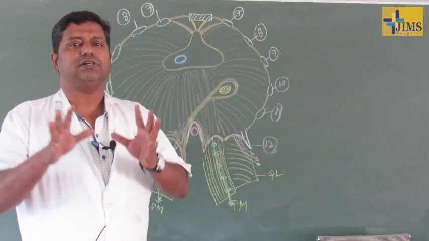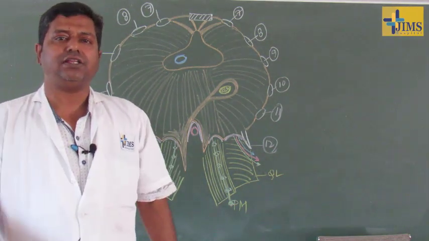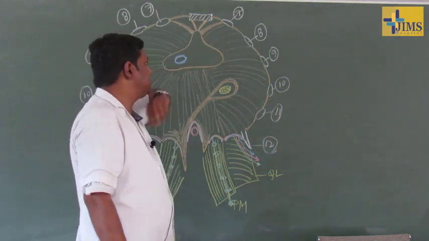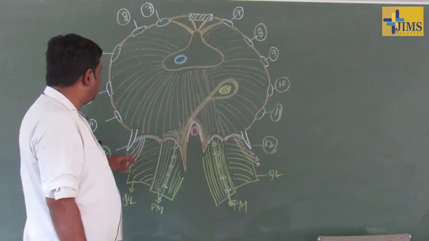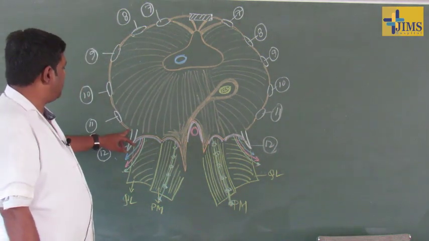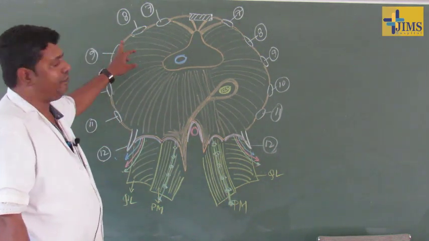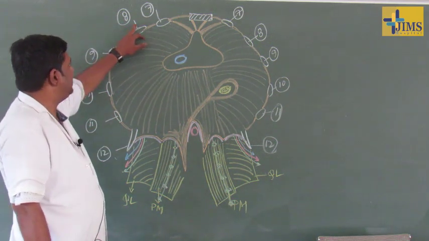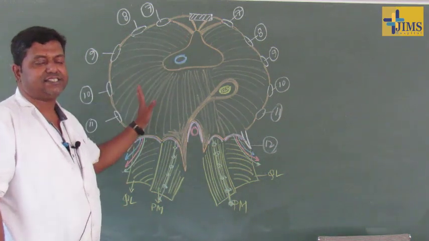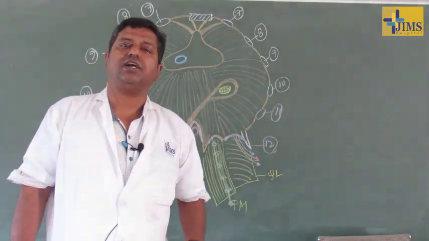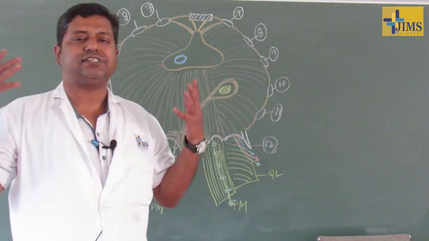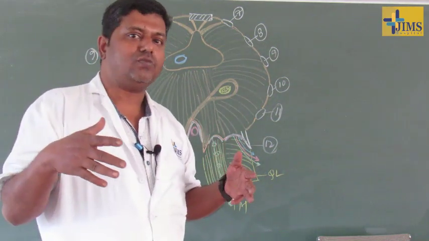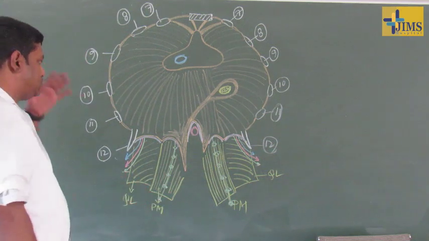So to summarize the origin of the diaphragm, it has mainly three types of origins: the sternal origin from the xiphisternum, and the costal origins from the lower 6 ribs. You can see here the 12th, 11th, 10th, 9th, 8th and 7th ribs, the lower 6 ribs along with their costal cartilages, and these origins interdigitate with the origins of the transversus abdominis muscle also.